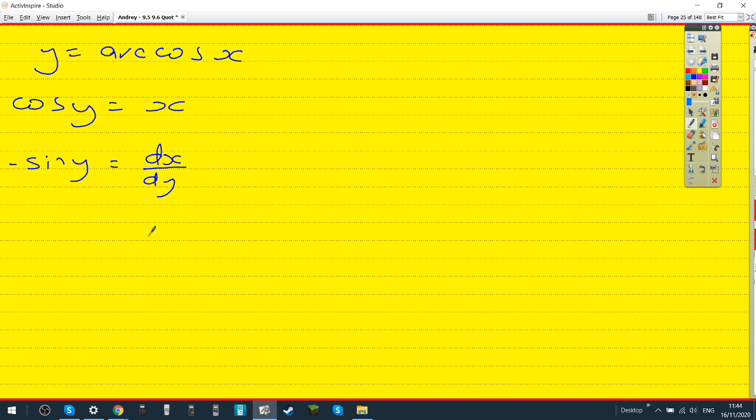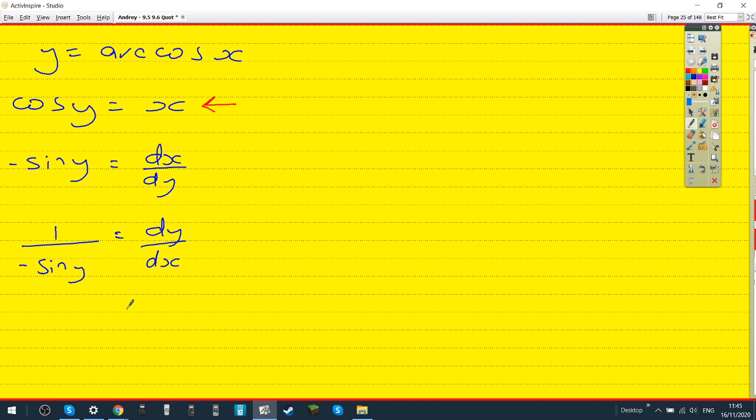So if that's dx over dy, do I then do 1 over minus sine y for dy over dx? Yeah. I then need to sub in arc cos of x for y and get 1 over minus sine arc cos x? Use this one. Okay, so that's cos y.